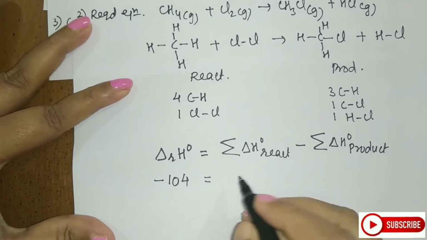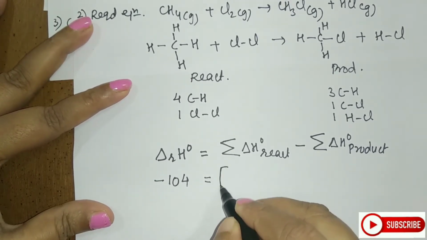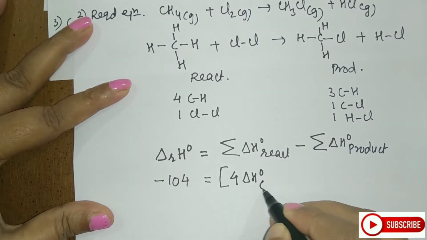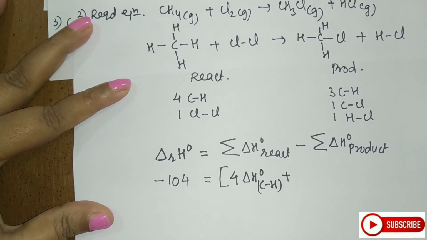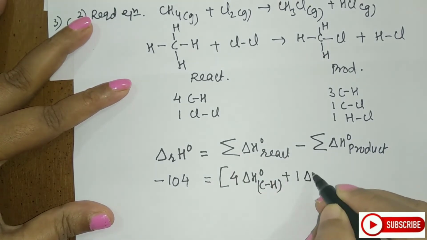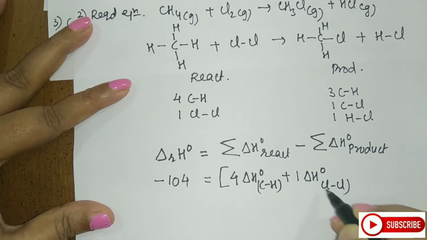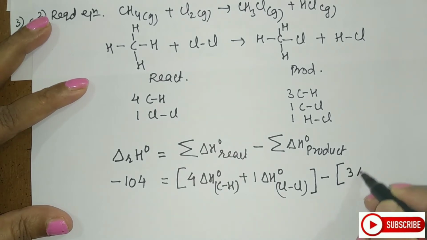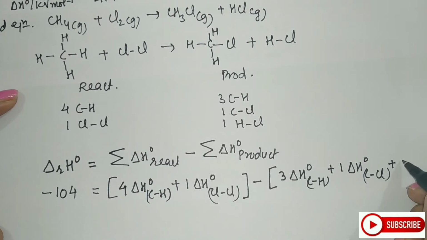For the reactants I will write 4 times the standard enthalpy of C-H plus 1 time the standard enthalpy of Cl-Cl, minus 3 times the standard enthalpy of C-H bonds plus 1 time the standard enthalpy of C-Cl bond plus 1 time the standard enthalpy of H-Cl bond. So I have written this.